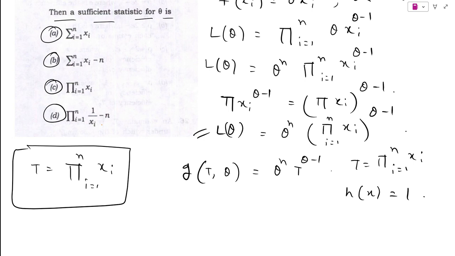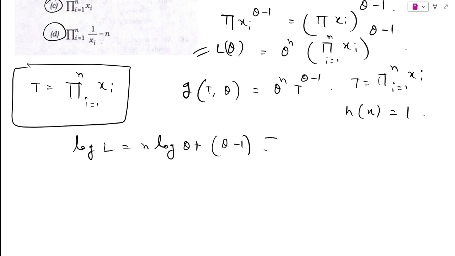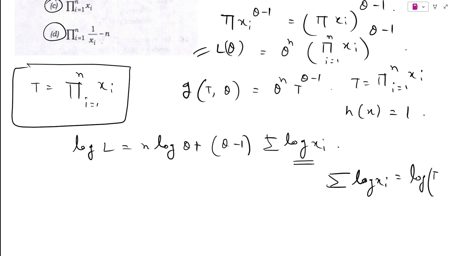So let us derive another interesting result. Take the logarithm of the likelihood. Now the parameter depends on the sum of log xi.